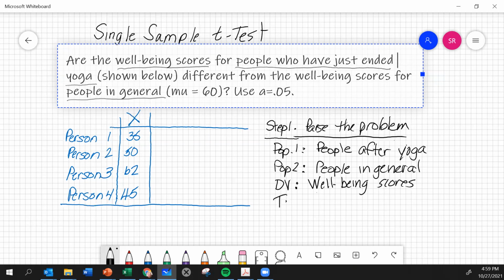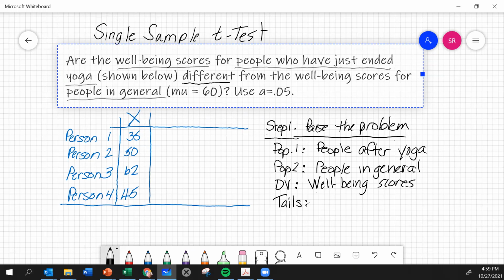The tails, or the direction of the test, is that situation where we're looking to see whether we are expecting our dependent variable well-being to be greater than, higher than, more than, or less than, fewer than, if we're looking for directional words like that, which would indicate a one-tailed test, or we're looking for just a word that says different, which would indicate that we don't know whether it's going to be high or low.